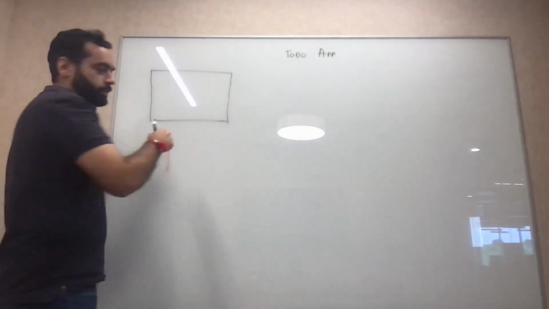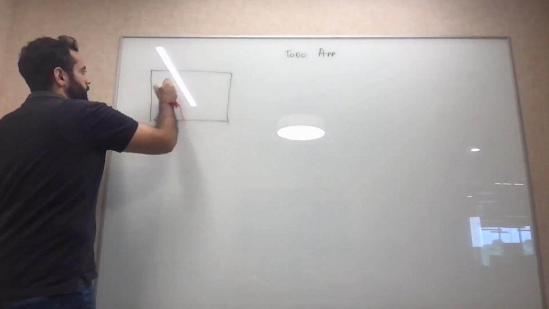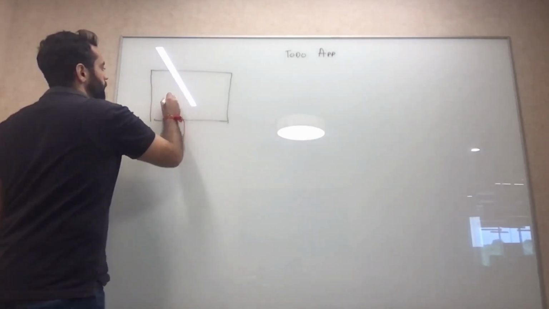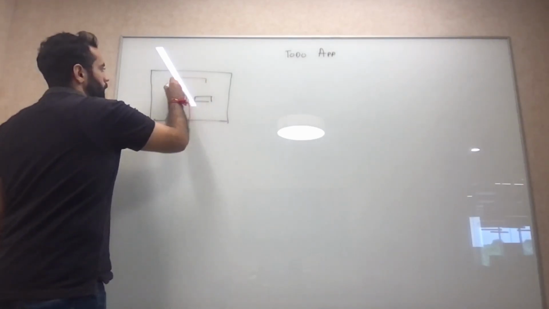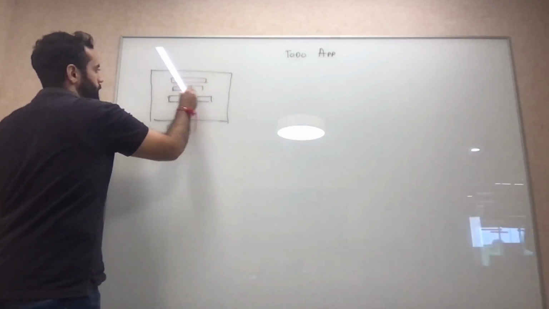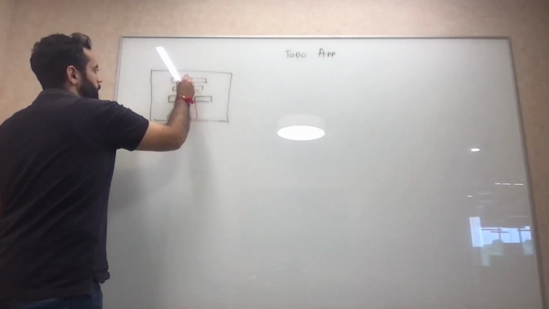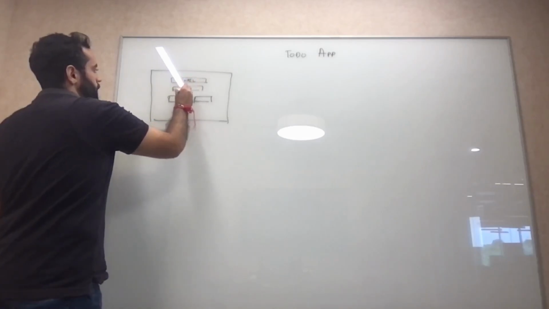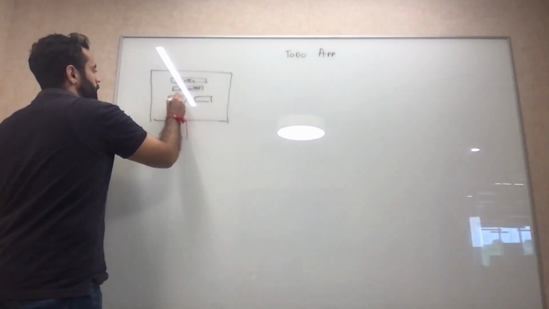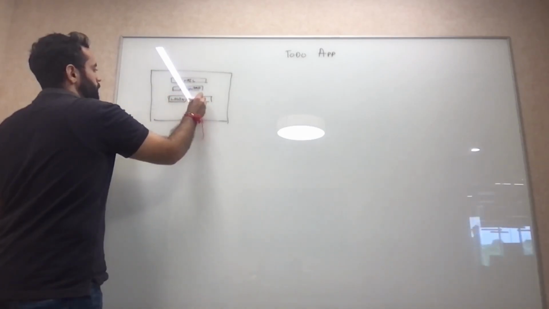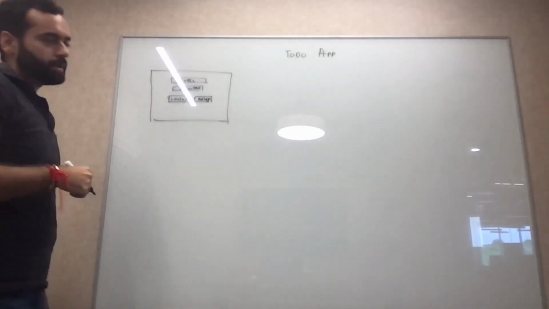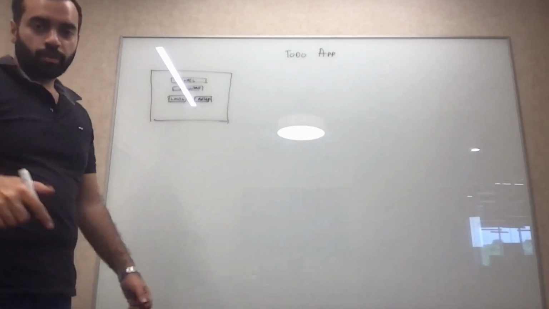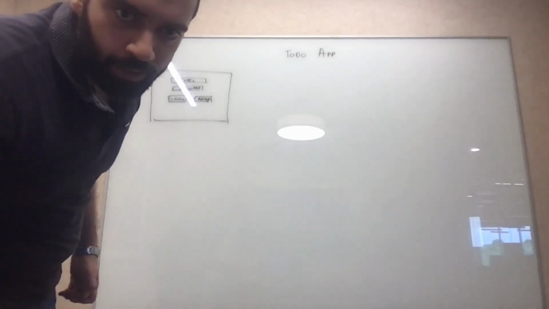structure of the page. If you can see on the board, there will be a login button, a register button, an email, and a password. I think it is not very clear.